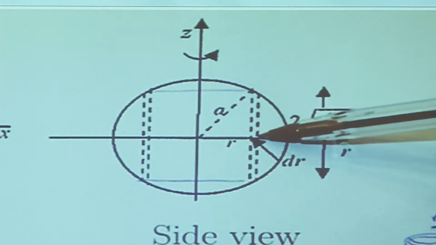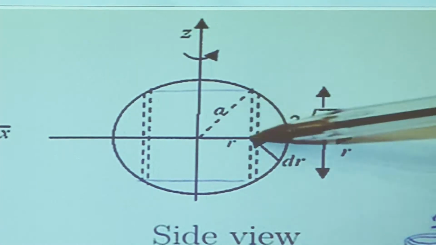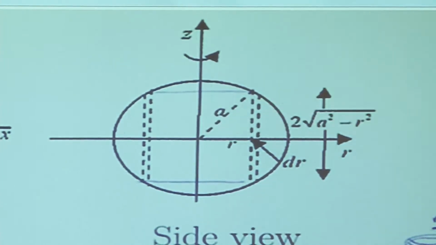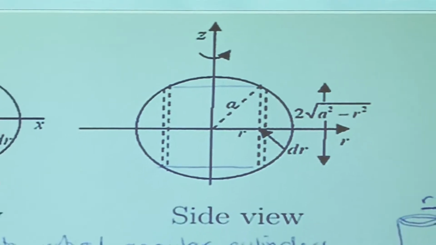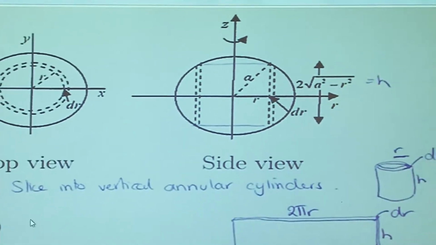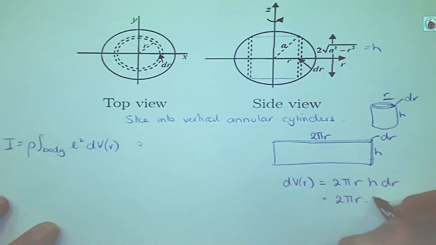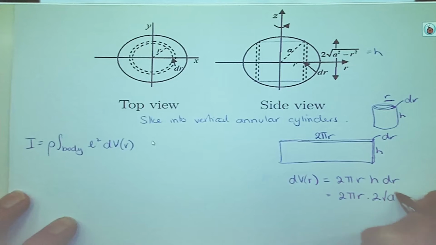You can do a little Pythagoras on this little triangle and say that this distance is the square root of a squared take r squared, and then we want twice of that. Is everyone happy with that? Okay, that's going to be h. 2 pi r times 2 square root a squared take r squared dr.